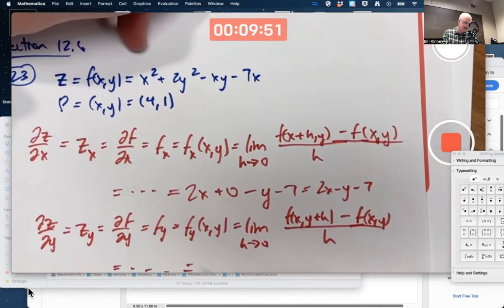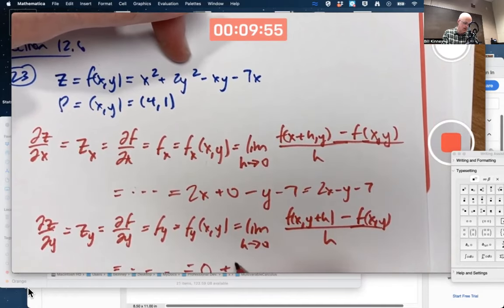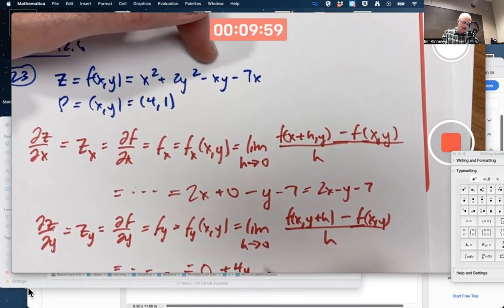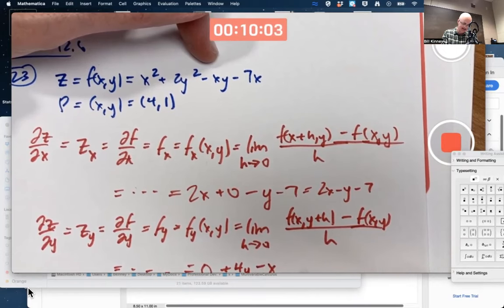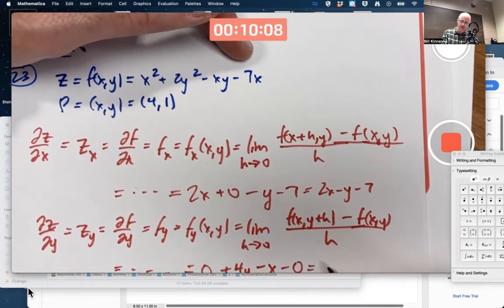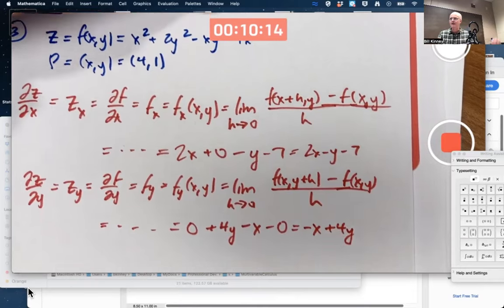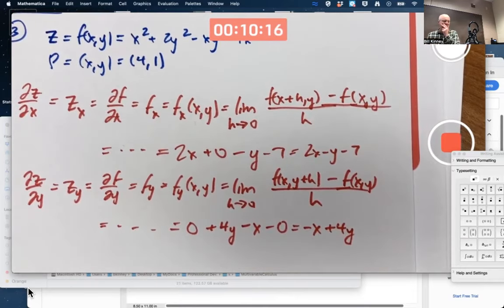But to do it, treat x as a constant. x squared differentiates to 0. 2y squared differentiates to plus 4y. Minus xy differentiates with respect to y to minus x. And then that differentiates to 0. If I put x first and y second, I could write this as negative x plus 4y, but that doesn't matter. I also can write it as 4y minus x.